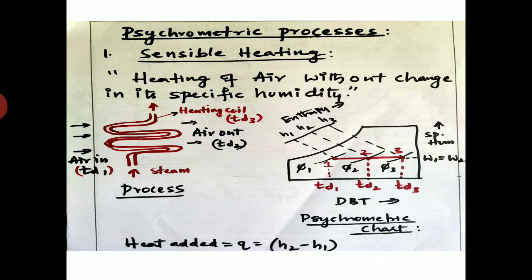Air enters from one side at dry bulb temperature TD1, the air outlet is at TD2, and the heating coil temperature is TD3. So what exactly is sensible heating? Heating of air without a change in its specific humidity.